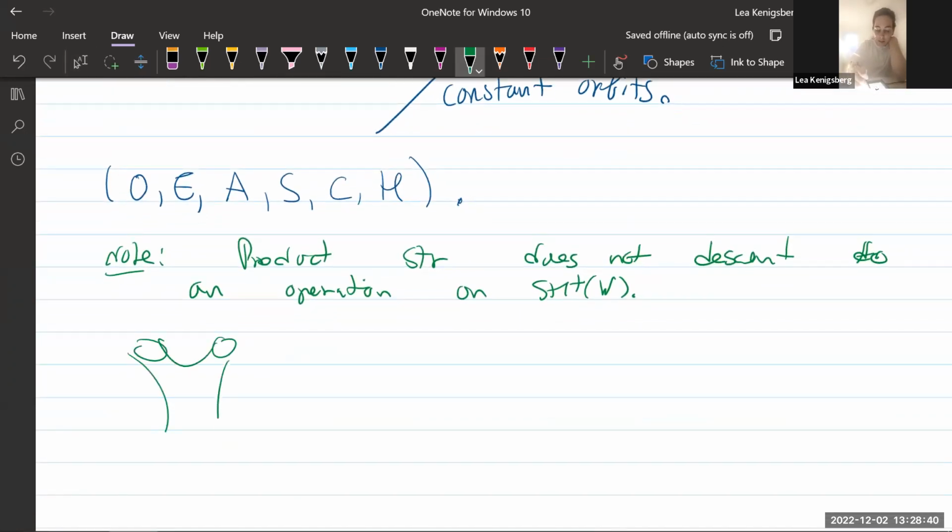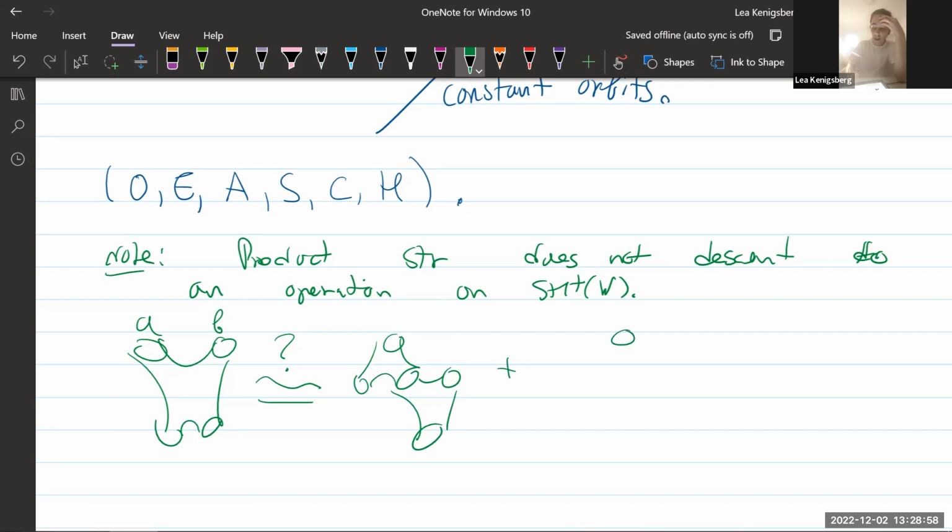So maybe you want to study identities like this. You take A, B, and then you take the product, and then you do the coproduct, and maybe you want to ask whether this gives you the coproduct of A and then the product, or maybe the coproduct of B and then the product. But you cannot study these identities because these two operations are not defined in the same domain.